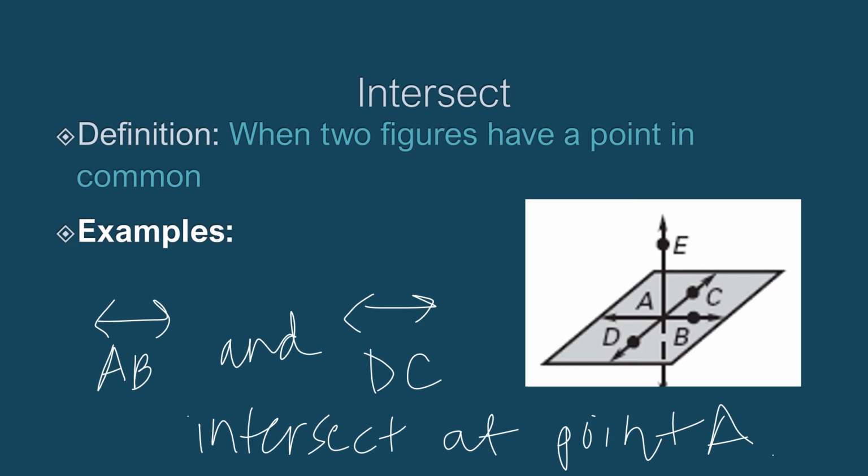You have this guy right here, and you also have this line here. So they all intersect in point A.